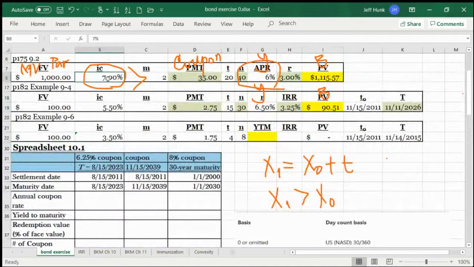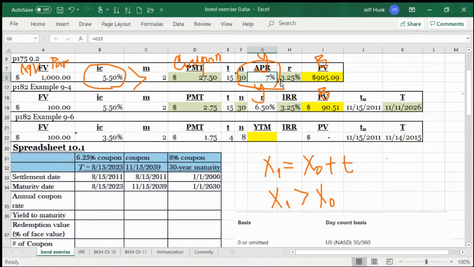Now, suppose you had the same problem. Let's try this. I'll make this equal to this, and I'll make time equal to this. I'll make all the input data equal, the second problem.